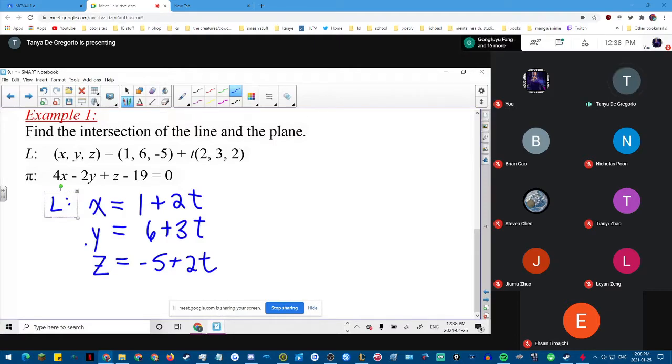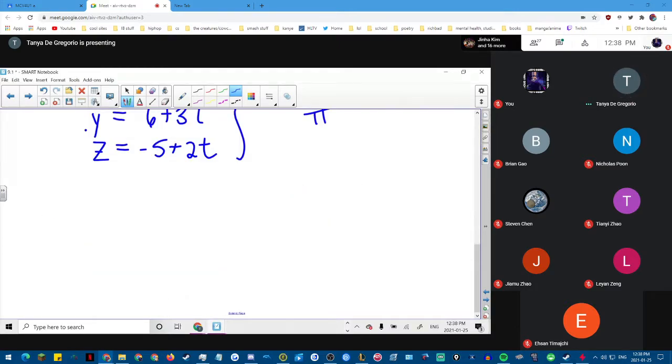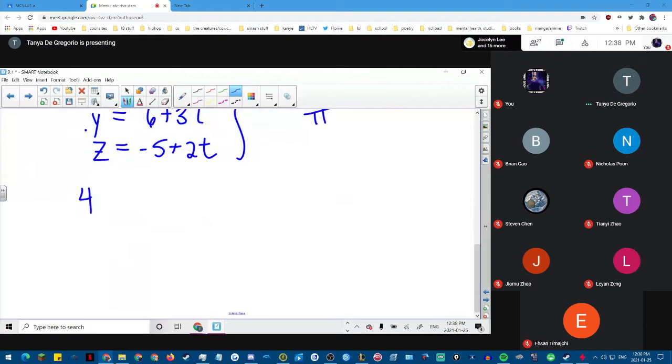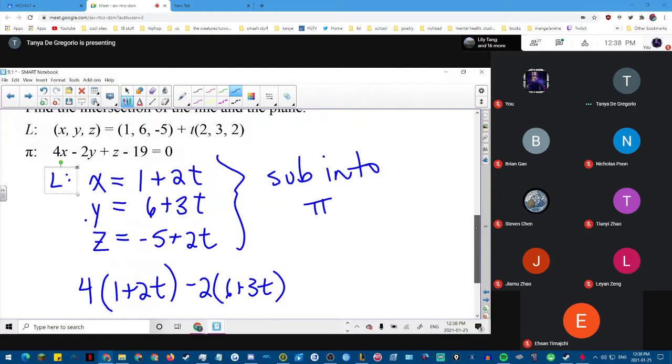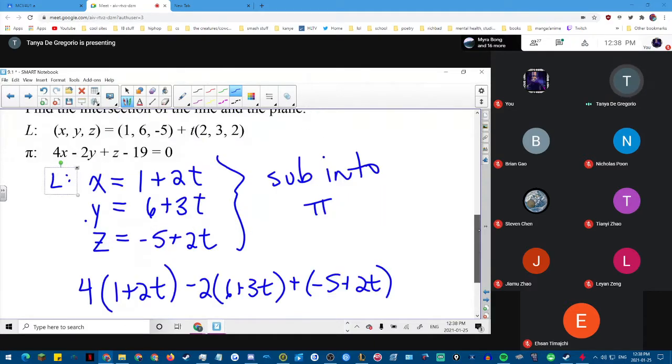Good. So now, here are my parametrics. We're going to take these and we're going to sub into our plane. And I'm going to solve for t. So I have for my plane 4 times x minus 2 times y plus z minus 19.